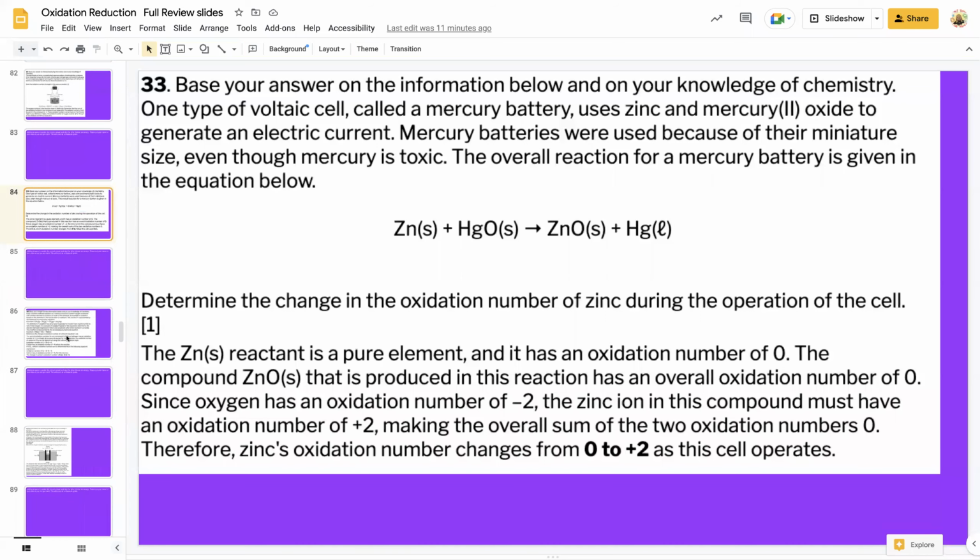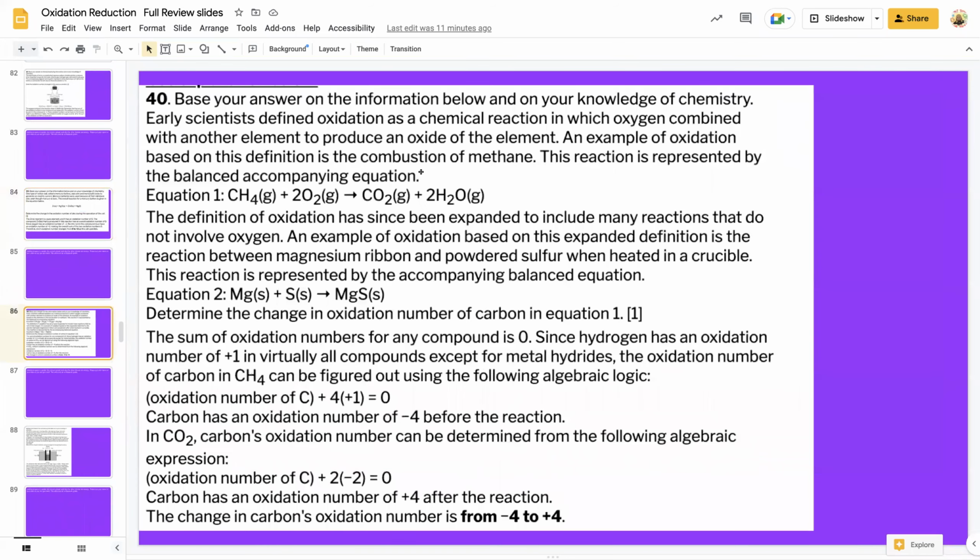Okay, next one. So a lot to read, right? Let's read the question first. Determine the change in oxidation number of carbon in equation 1. Right, equation 1 is here. So what's the charge of carbon in CH4? Okay, so CH4 is like this.